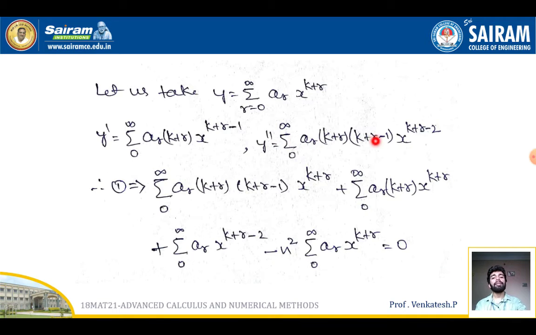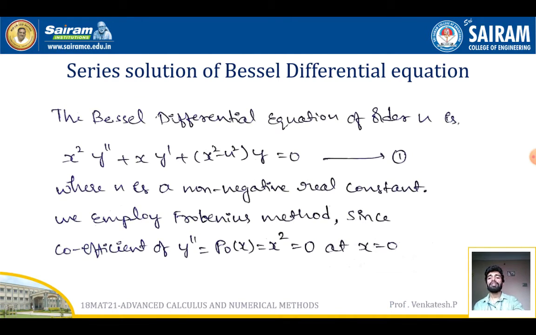If I replace y double dash in the previous equation, here already one x square term is there, so I am combining this x square term with x power k plus r minus 2, so that the x square term and the x power minus 2 term get cancelled. I'll get only x power k plus r. Same thing here also. In the y dash term, I have x power k plus r minus 1, and since x power 1 is there, I can combine x power 1 with x power minus 1.